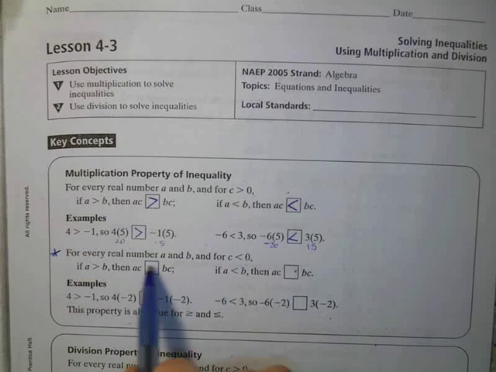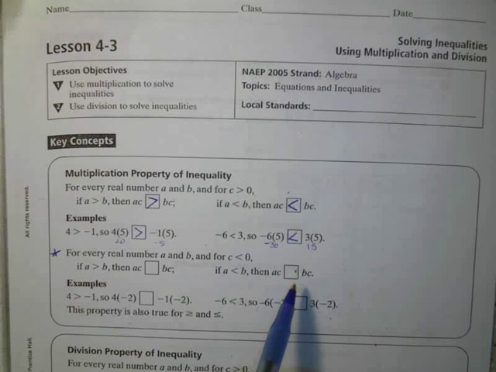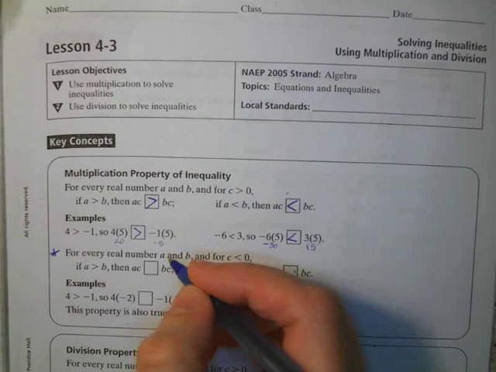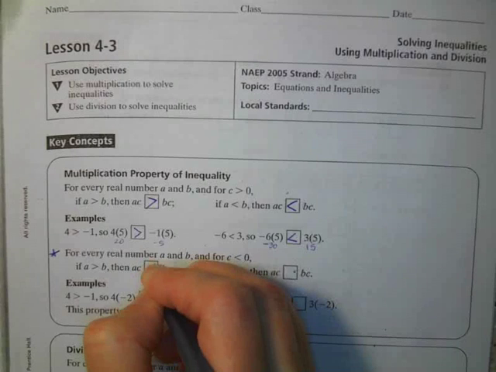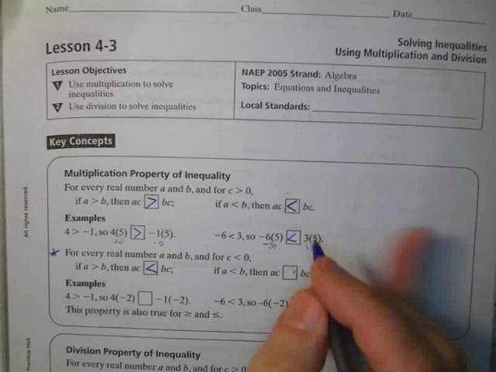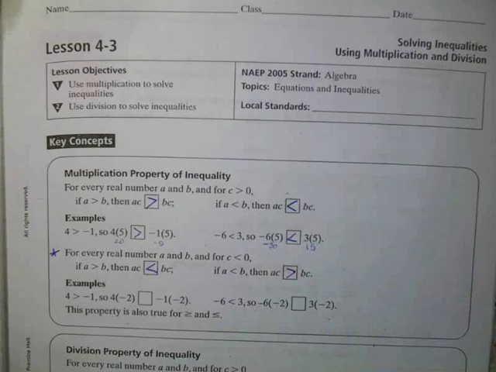Okay, for every real number A and B, and for C less than 0, if A is greater than B, then A times C is less than B times C. If A is less than B, then AC is greater than BC.